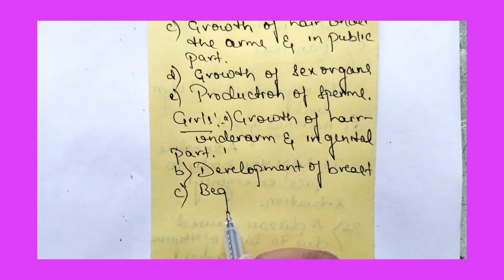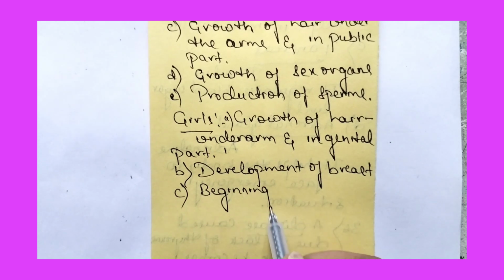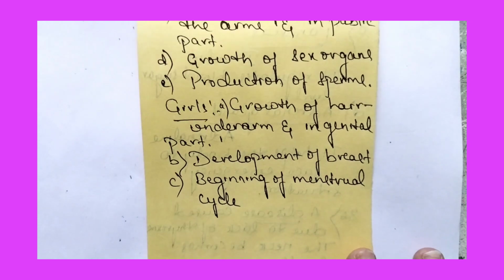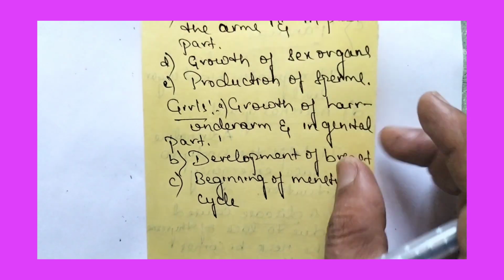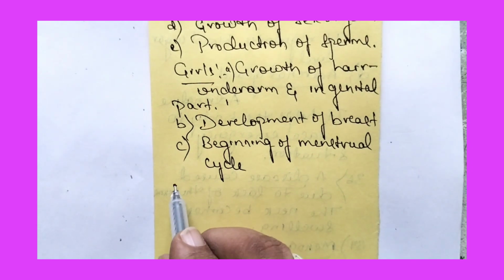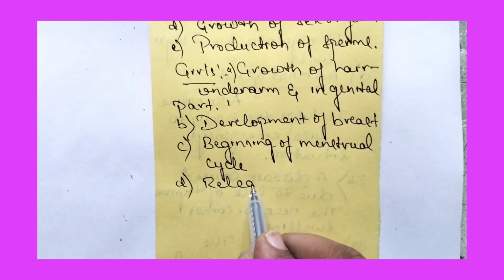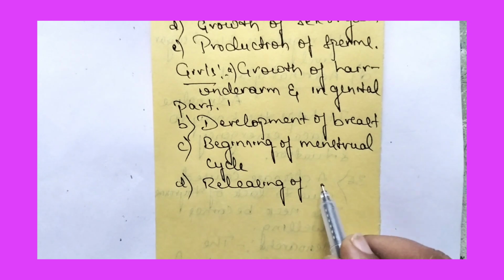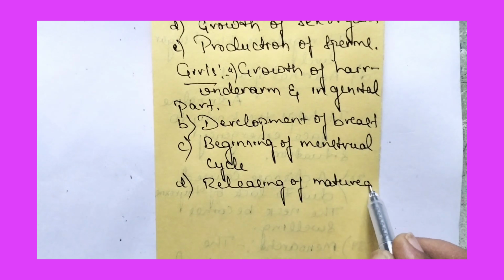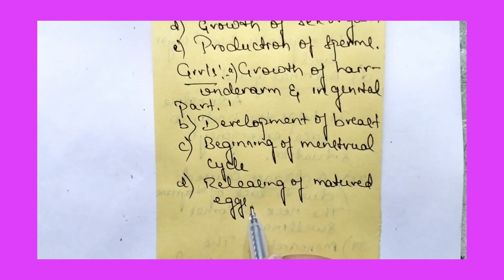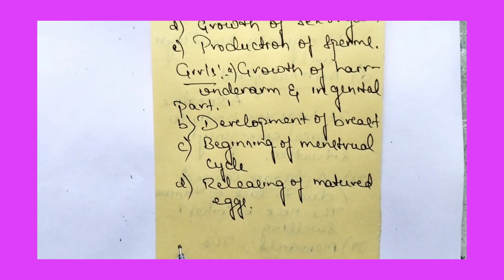Then the third one, beginning of the menstrual cycle. So the menstrual cycle starts. Then releasing of matured eggs. So these are the secondary changes that you can observe in girls.